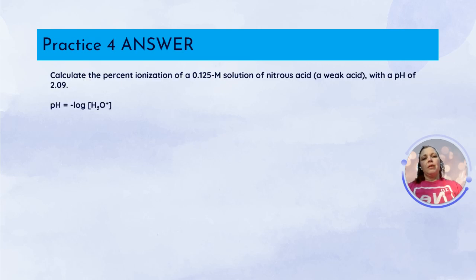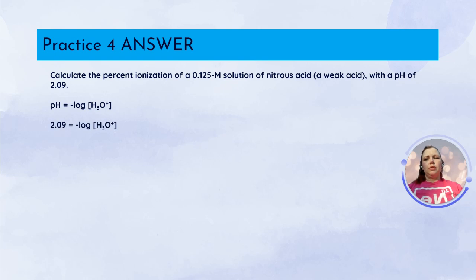Okay. So first thing, remember that pH is equal to negative log of your concentration of H3O+. So this is actually a plug and chug situation. What we need to find is your concentration of H3O+, and that will tell us the concentration after it dissociated, and then you'll divide that by the original concentration.